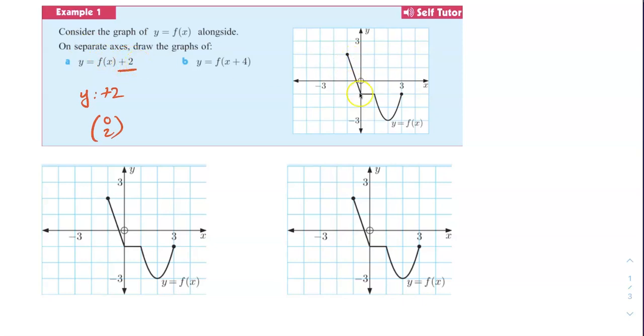For this graph, all we're going to do is add 2 to all the y's, also known as move it up 2. You can read a point and move it up 2: here, here, here, here, here. I like to think about it like points. Let's say this point here is (-1, 2).